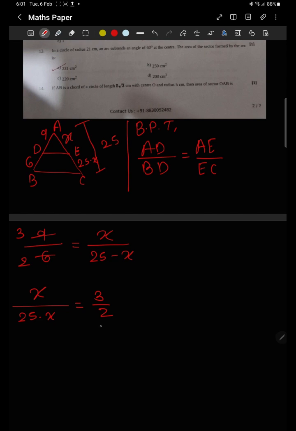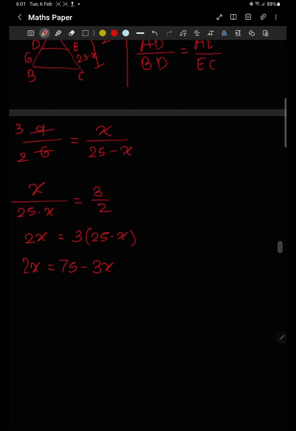If I do cross multiplication, 2 will go with X and 3 will go with 25 minus X. Okay, 2X is equal to 25 3s are 75 minus 3 into X is minus 3X. Minus 3X will be shifted to the LHS. It will be added with the 2X and it will become 5X is equal to 75.